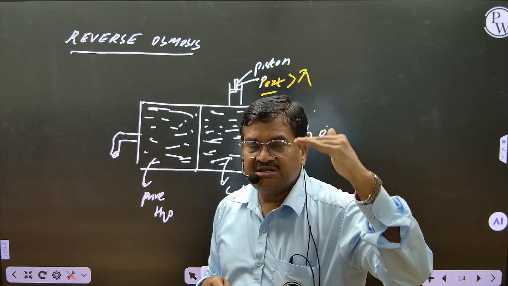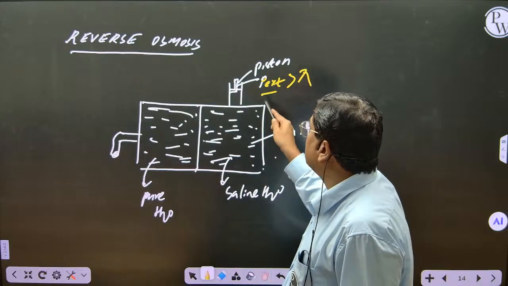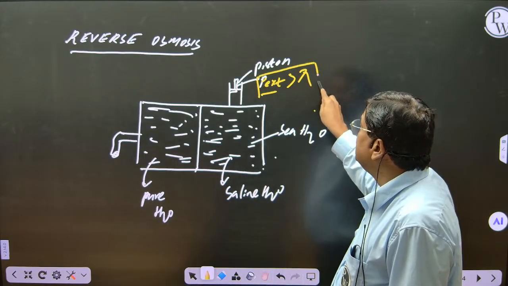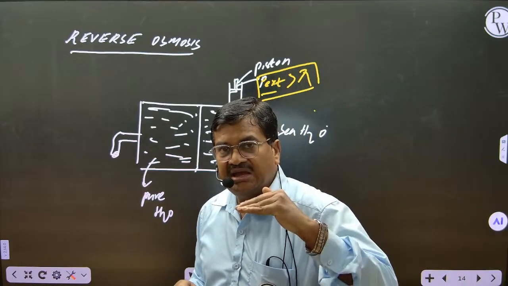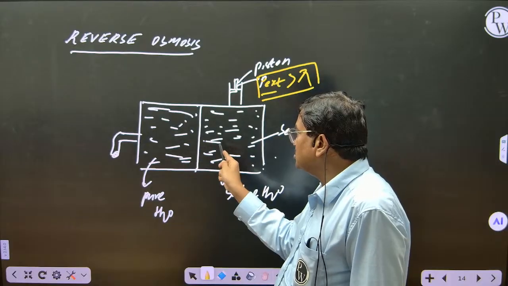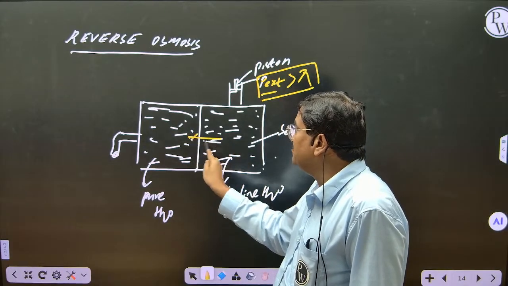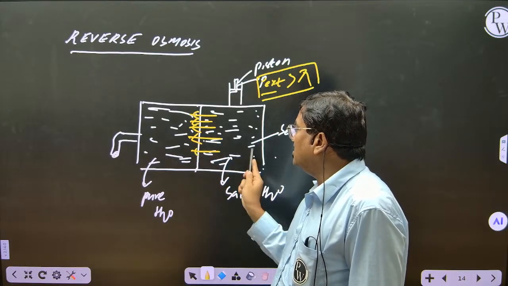What is osmotic pressure? The pressure exerted by the solution to prevent osmosis, we learned, no? So the external pressure we are applying is higher than the osmotic pressure. When you apply external pressure higher than osmotic pressure, instead of solvent moving into the solution, the solvent present in the solution will move reversely. Getting idea? So what is happening?